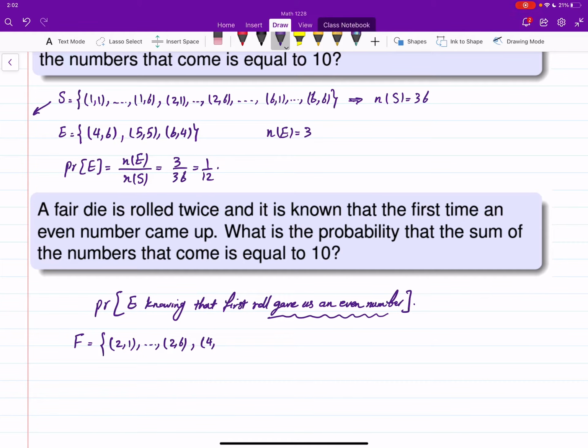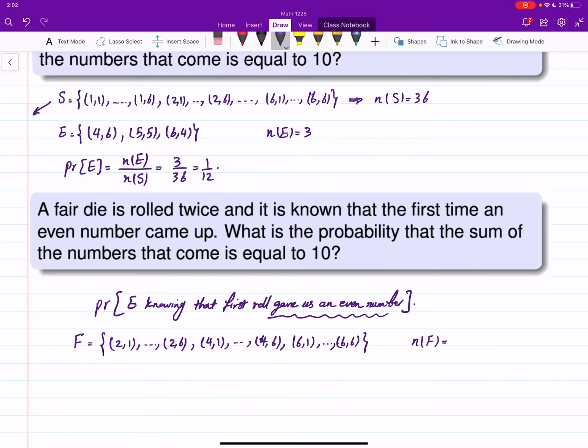So I will have 2, 1 to 2, 6, and 4, 1 to 4, 6, and 6, 1 up to 6, 6. And you see that n of F, so this is the place where everything is happening, is now an equiprobable space because all the points are equal.